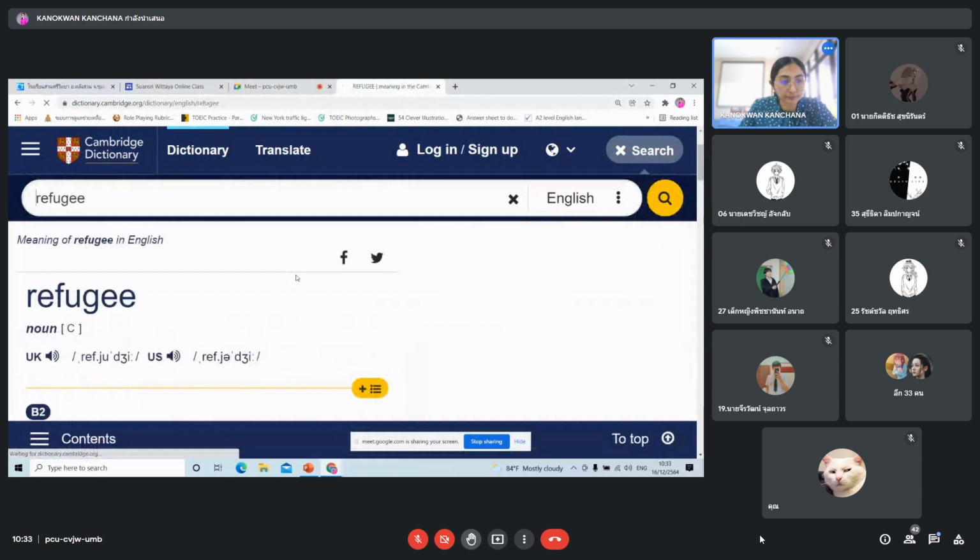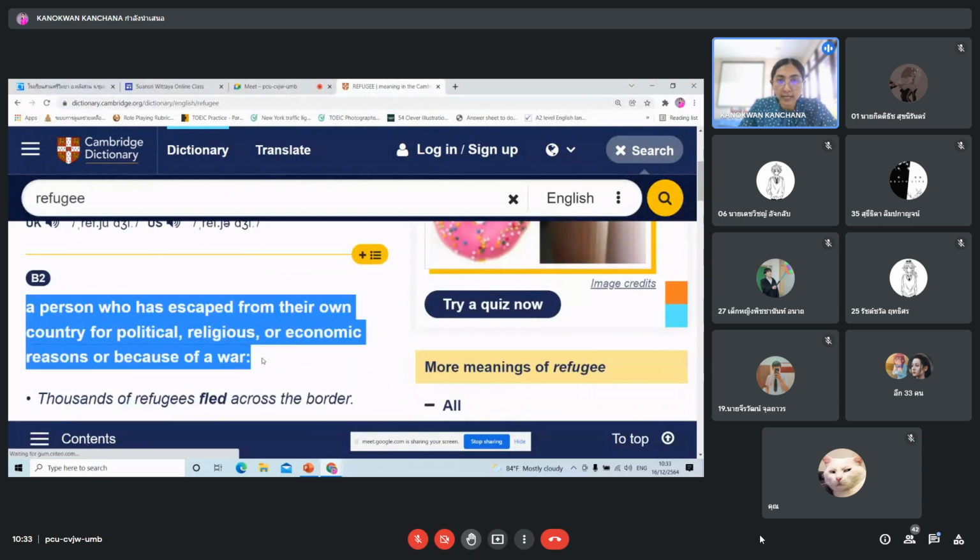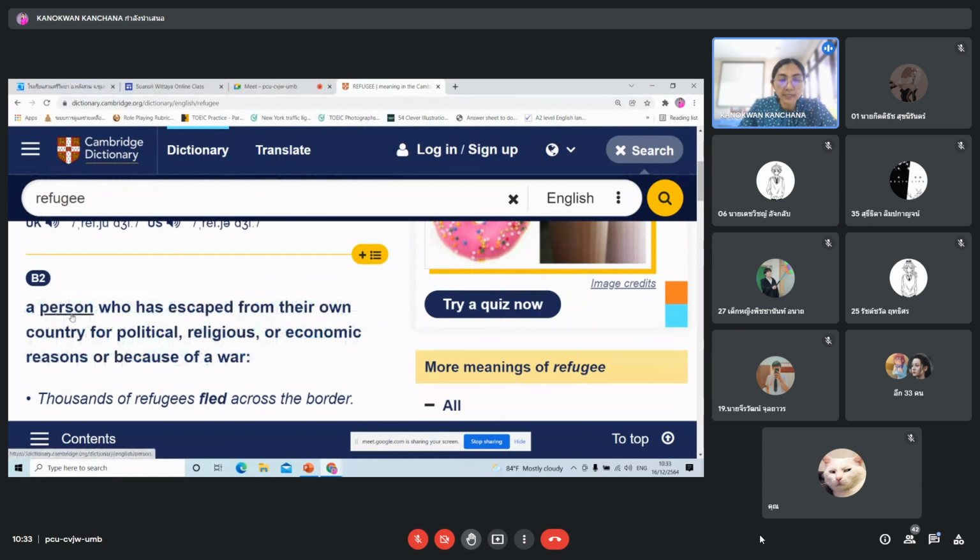So here, have a look at these three lines. A person who has escaped. That means they run away and someone is not able to catch them back. They escaped from their own country for political or religious or economic reasons because of a war.